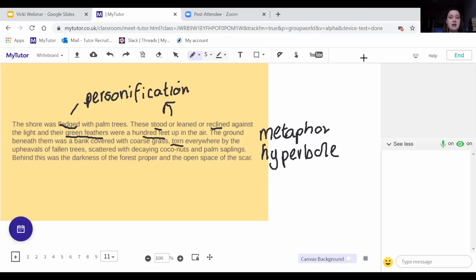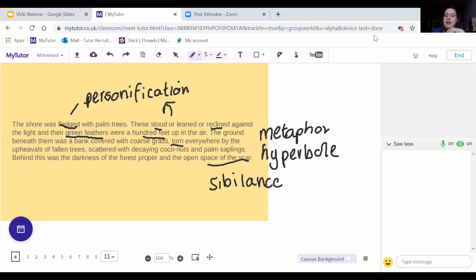Behind this was the darkness of the forest proper and the open space of the scar. Now, can anyone tell me what the scar is referring to if you've read Lord of the Flies? Space of the scar. We could also potentially say that this is sibilance, but it's quite weak in terms of commenting on it. It's probably something we wouldn't bother talking about because it's not very exciting.